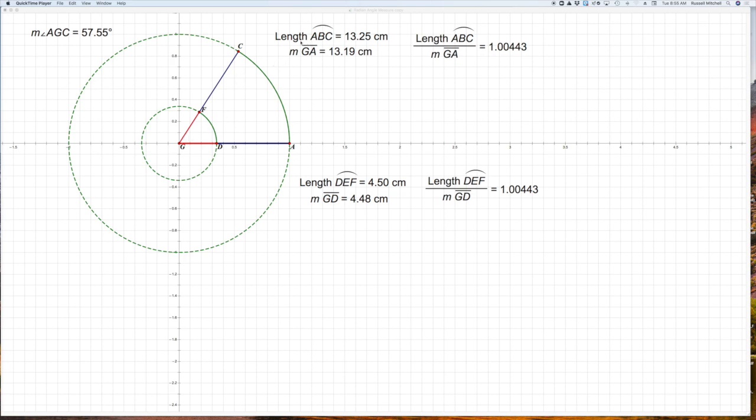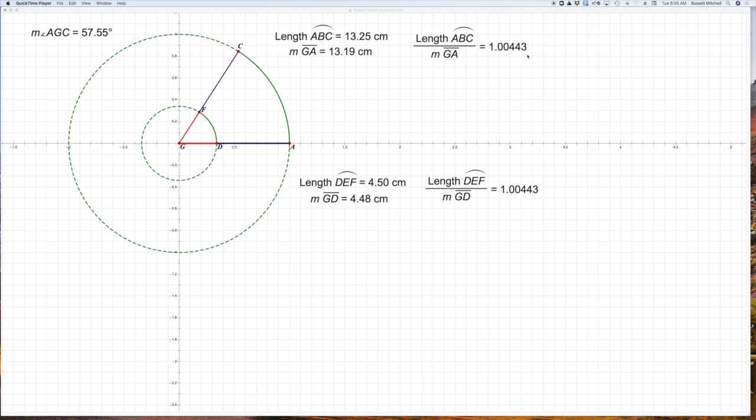Okay, so if we take this right here, the length of arc ABC, that's this length of this arc right here, is 13.25, okay? And we take the measurement, and this is a little bit off, okay? And we find the radius, which is GA, it's 13.19, and we divide that, we get an angle of 1.00443.